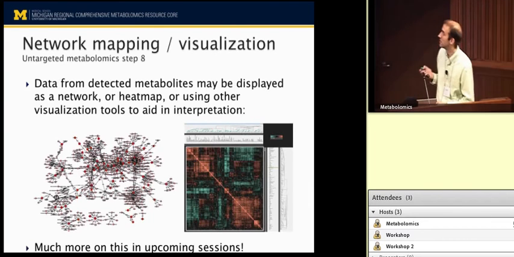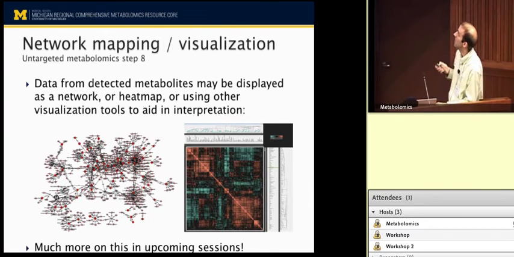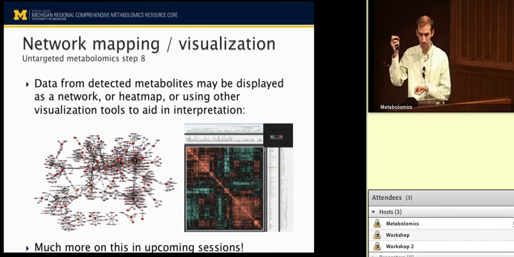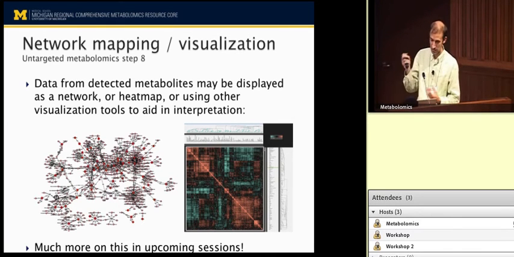The next major step is network mapping and visualization. If you decide to use that in your workflow, and we'll talk a lot more about that in upcoming sessions. This tries to put the data that you've obtained in the context of metabolic networks. Metabolites are grouped together in pathways, and metabolites flow through these pathways and are interconnected.